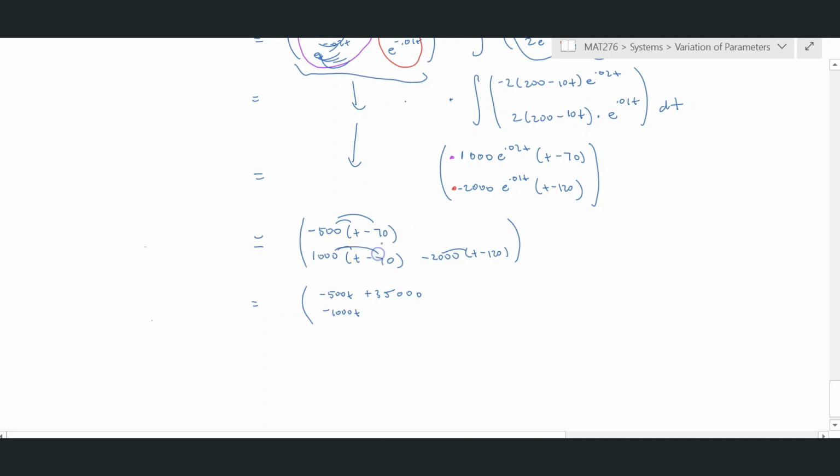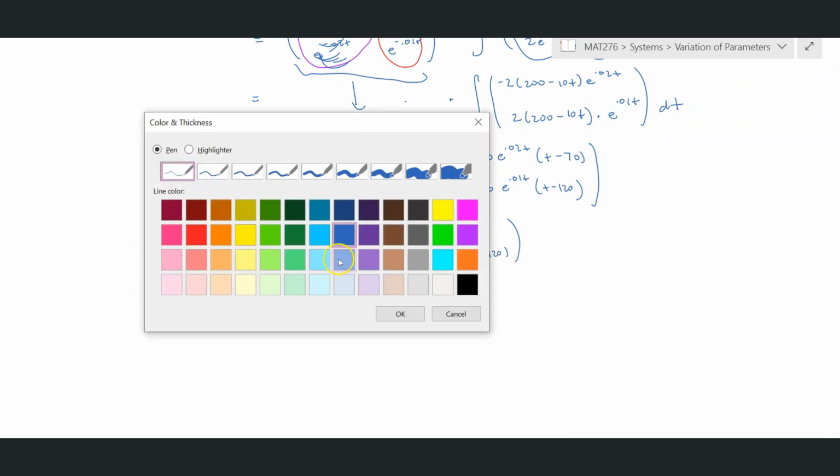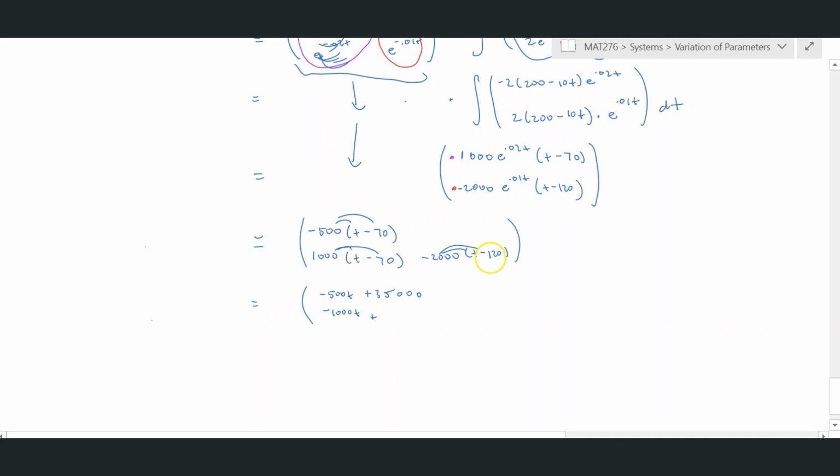And then when we distribute here, this will give us 70,000 plus 240,000 will give us plus 310,000. Oh, I'm sorry. No, I take that back because here we're going to have a negative. Here we're going to have a positive. So we should get 170,000 in the opposite direction.